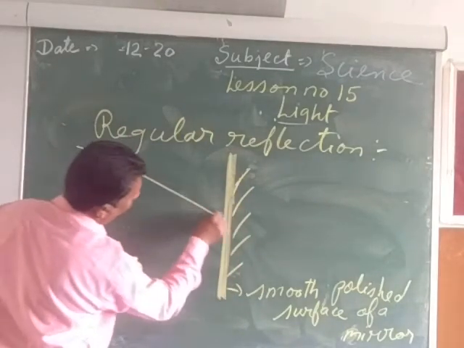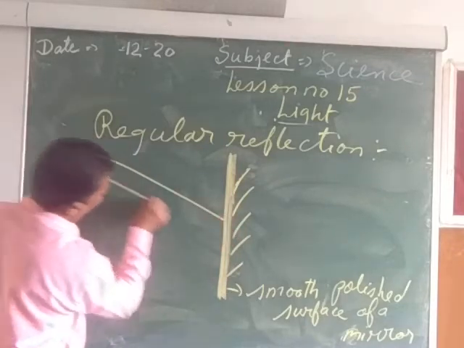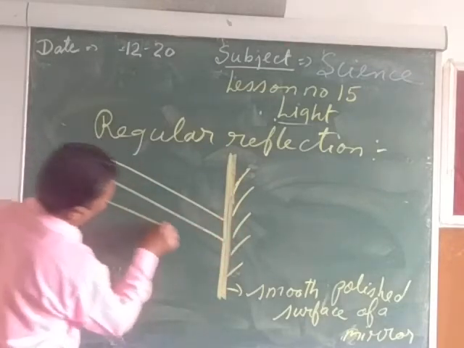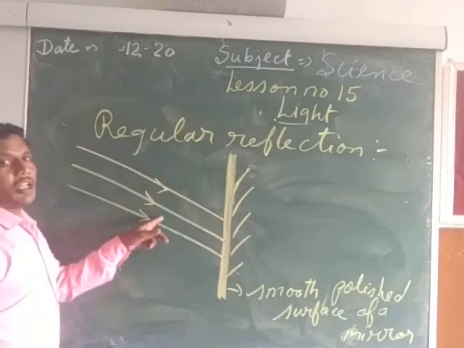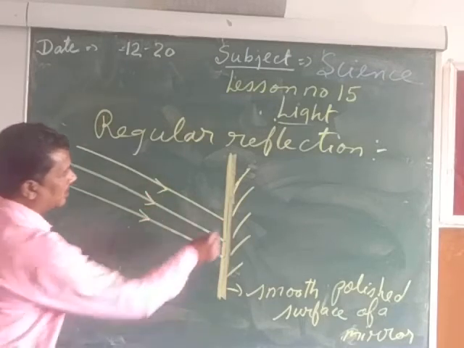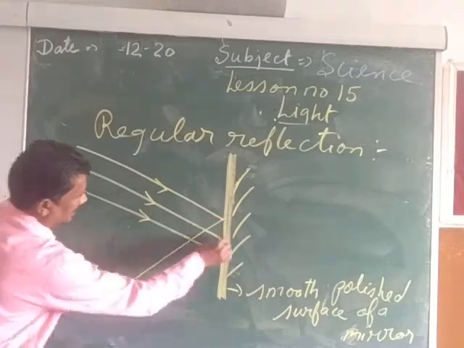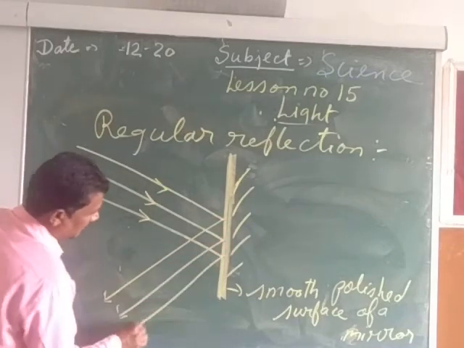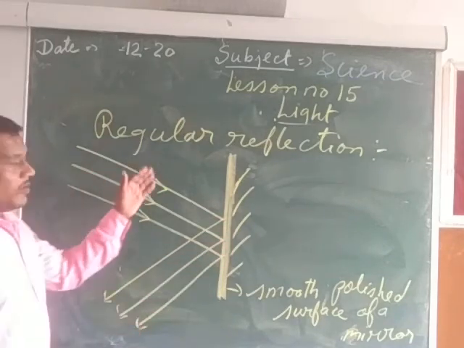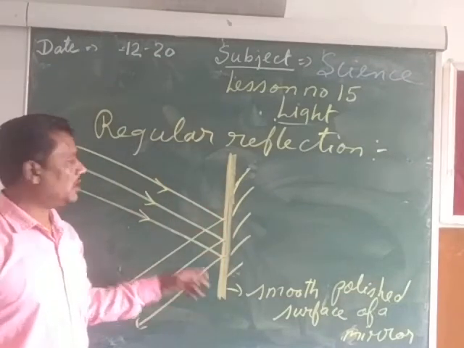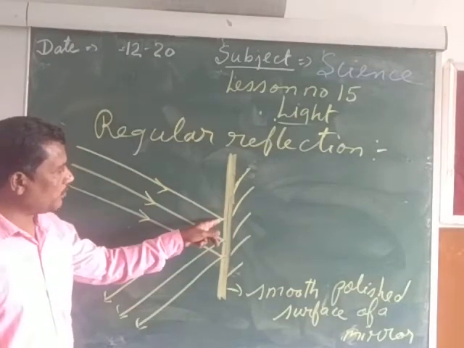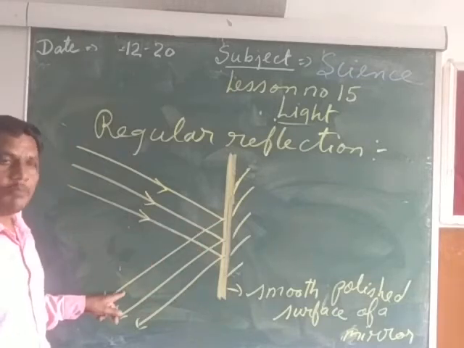So my child, now say, whenever the light is falling on a smooth and polished surface like a mirror, at what angle the light is falling, the light is going back at the same angle.